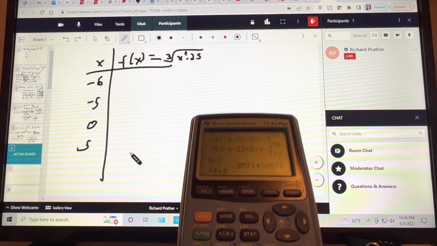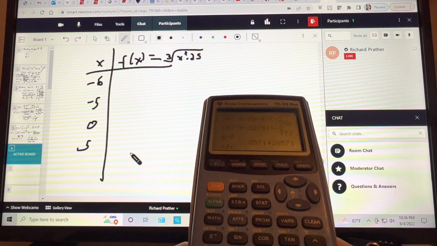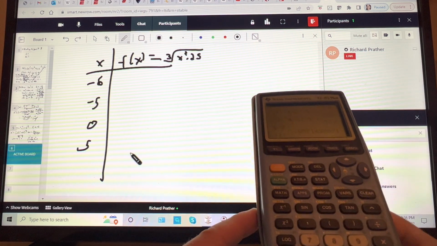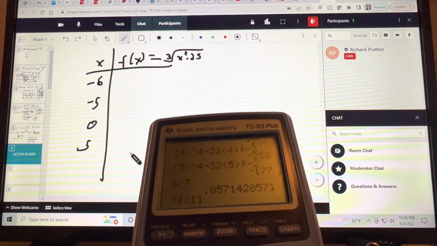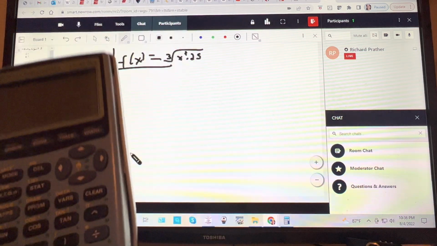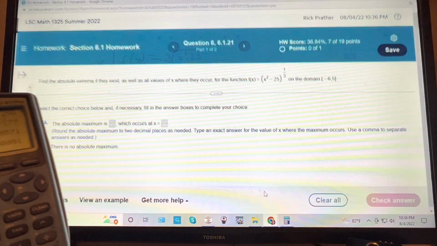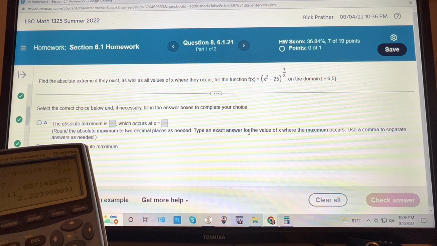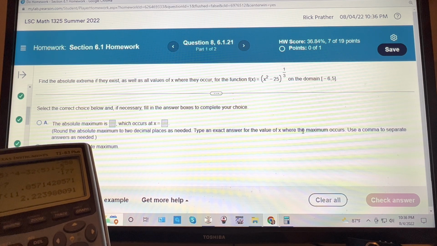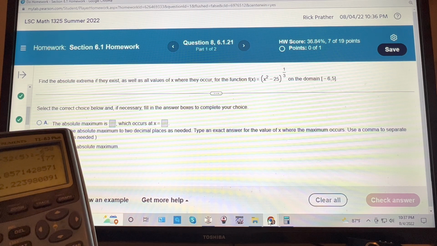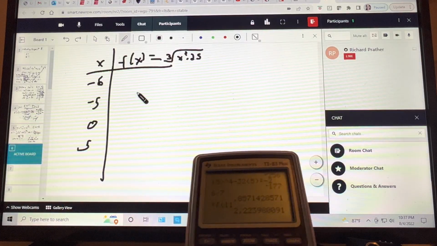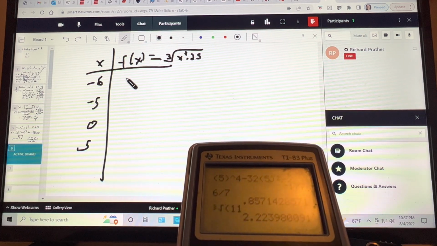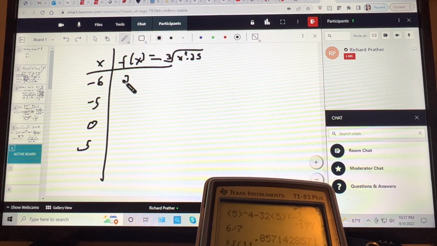First I'm going to plug -6 in. -6 squared is 36. 36 minus 25 is 11. Cube root of 11, and let me check if they want fractions or decimals. Probably decimals, yeah, 2 decimal places. They want an exact answer for the x value, but 2 decimals for the value of the max or min. So the cube root of 11 is 2.22 to 2 decimals.